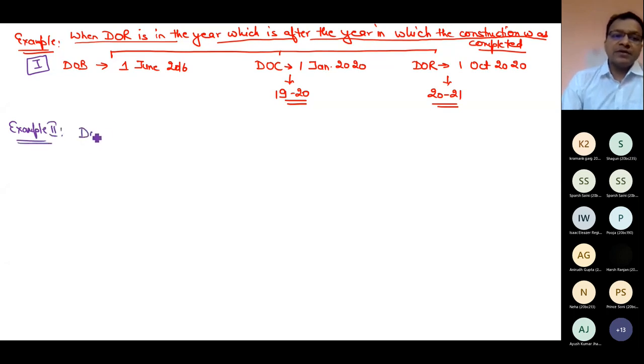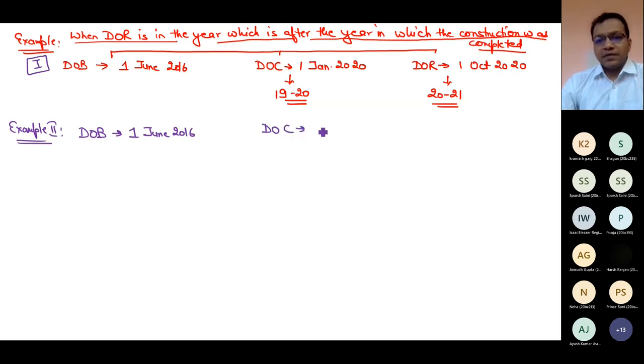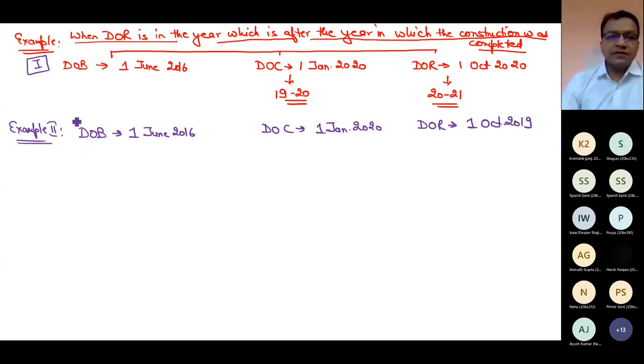What is my example 2? Where my date of borrowing remains same, 1st June 2016, my date of completion remains same, 1st Jan 2020, but I will make a change in date of repayment. Let me assume that the date of repayment is 1st October 2019. So can you see what is happening?